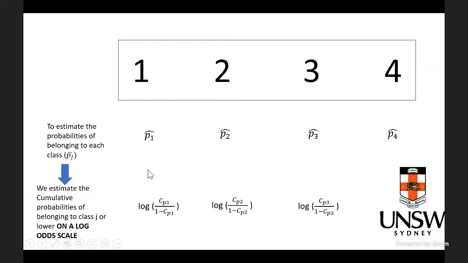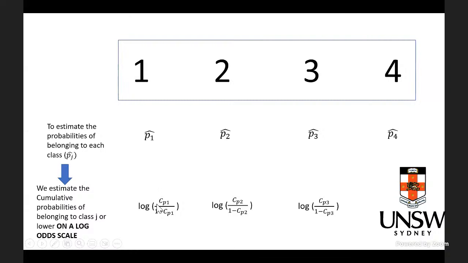Hopefully you're all still with me, because now I'm transforming the cumulative probabilities. Instead of estimating the cumulative probabilities directly, we're going to estimate them on a log odds scale. The odds transformation is CP1 over 1 minus CP1, and logging that is called the log odds.